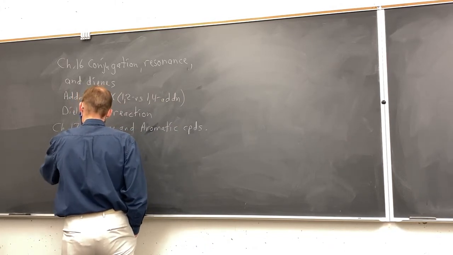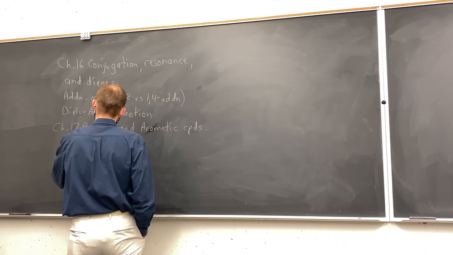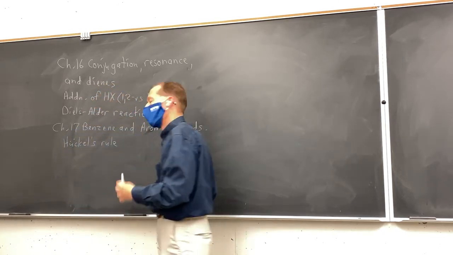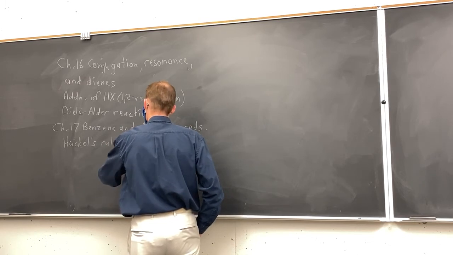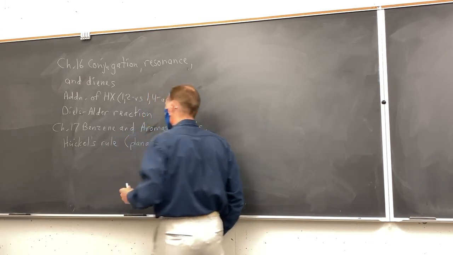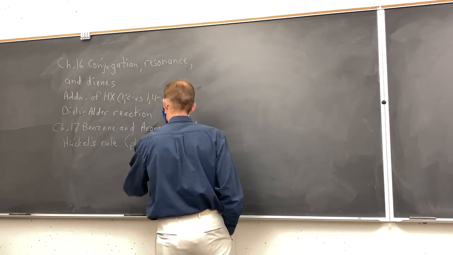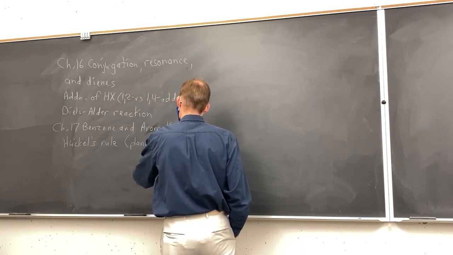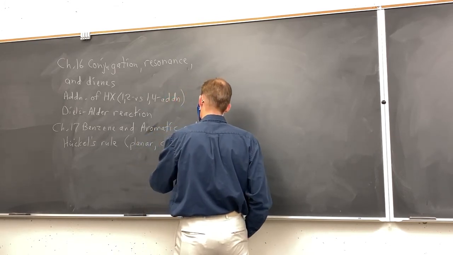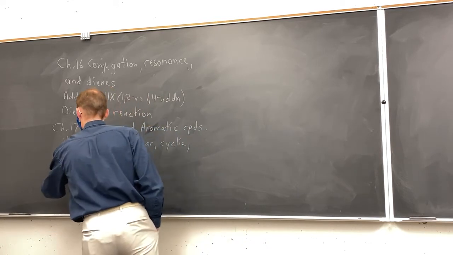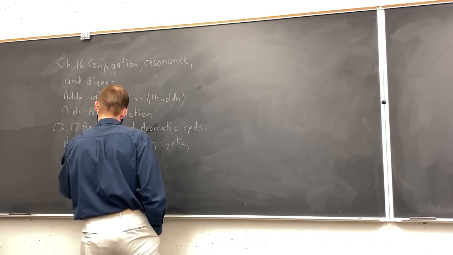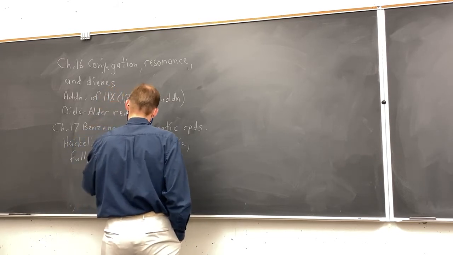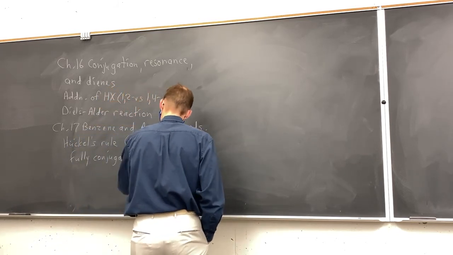Huckel's rule. Erich Huckel was the theoretical chemist who came up with this rule. Remember, there were 4 things a molecule had to have to be aromatic: planar, cyclic, fully conjugated, and 4n plus 2 pi electrons.